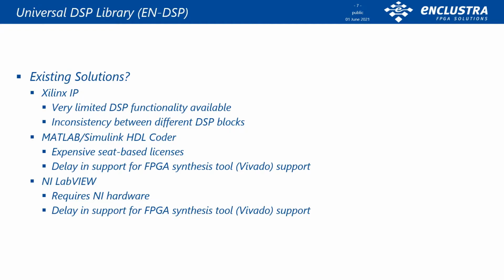However, we generally find that the DSP blocks that we need are not available, and the blocks that do exist tend to have subtle differences in their behaviors that make them difficult to use together. Another option could be MathWorks HDL Coder with MATLAB and Simulink. The main barrier for us is the high license cost that usually our customers would prefer to avoid.